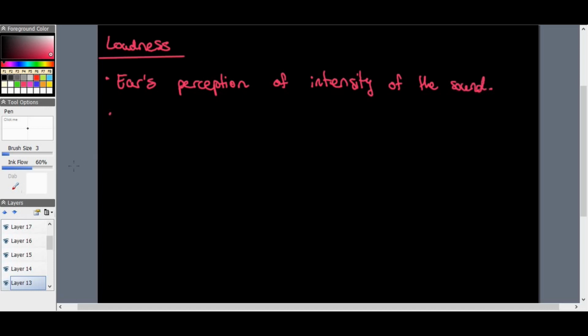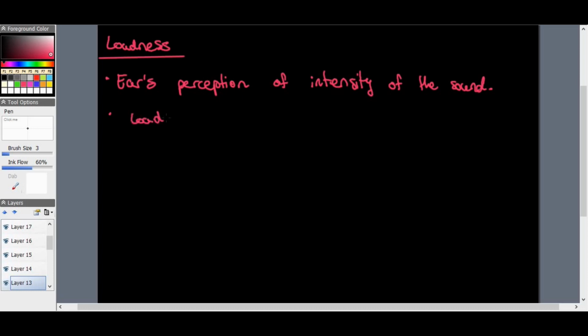The human ear is more sensitive to some frequencies than others. The human ear will be more sensitive to louder sounds, for example, if someone uses a loudspeaker, we'd hear that instantaneously as opposed to someone whispering.